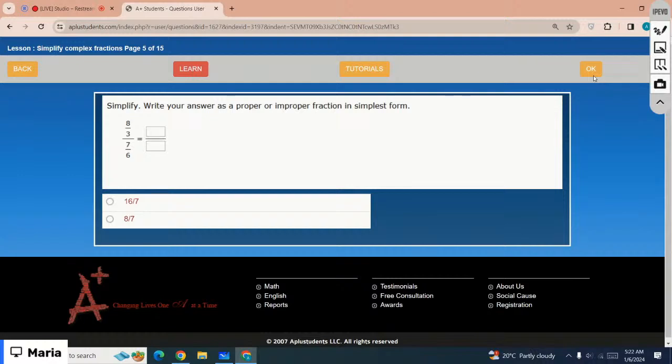Yes, the correct option is option number 1. That is 16 over 7.